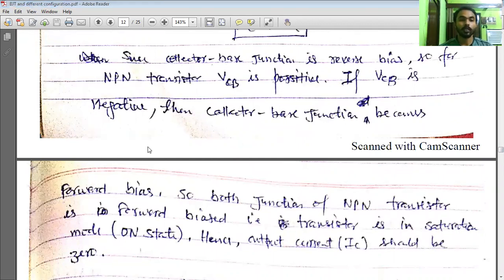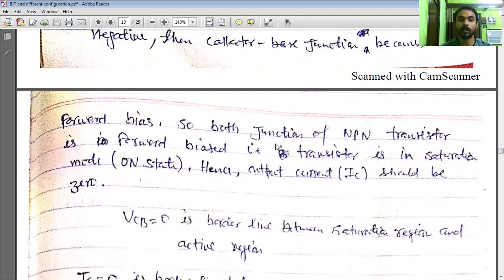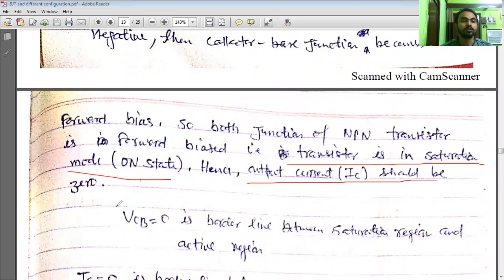I told you that if both are in the forward bias, the transistor is in saturation mode, and that's called the on state. On state means it has to start somewhere from zero. So the transistor is in the saturation mode, that is called the on state, and hence the output current should be zero. That's where it will start from.